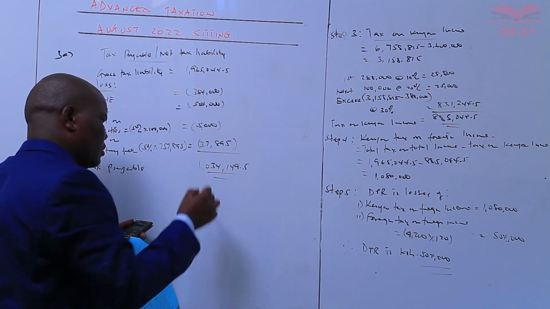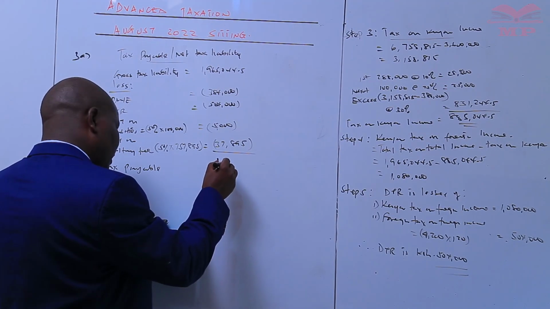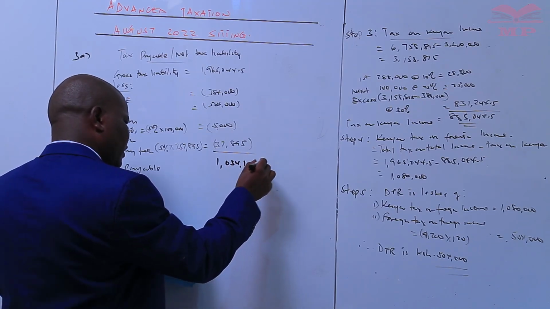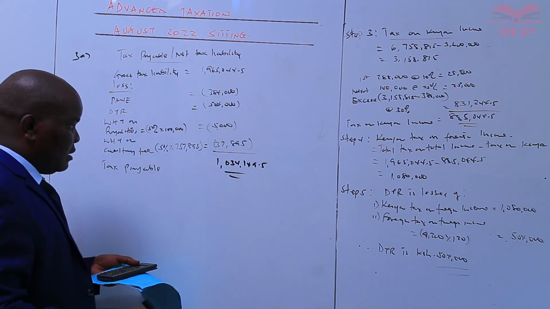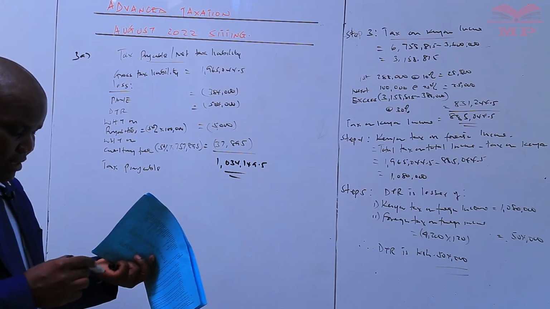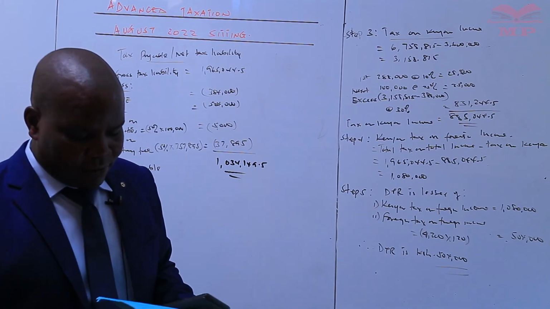So that gives you 1,034,149.5, and that becomes the taxpayer's tax liability for the year 2021. And that marks the end of part A of question 3.